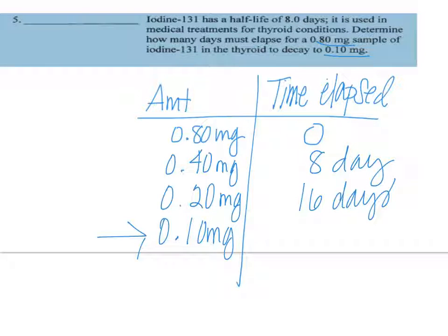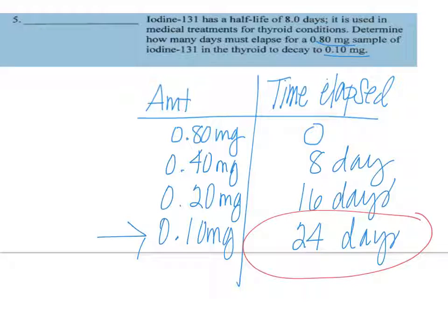It asks for how many days, and we add an additional 8 days, so our answer here would be 24 days. And so we're going to box that and say that that's our answer. It would take 24 days for a sample of the indium-131 to go from 0.8 milligrams to 0.1 milligrams. It went through a total of 3 half-lives, 1 here, 2 here, and a third. So it took 3 half-lives, which was a total of 24 days.